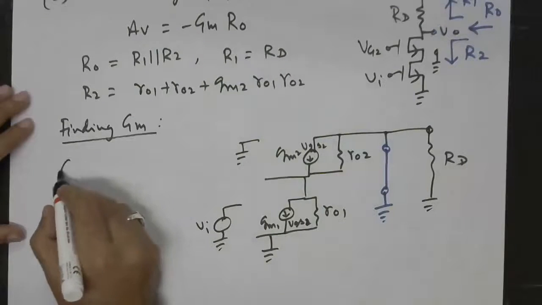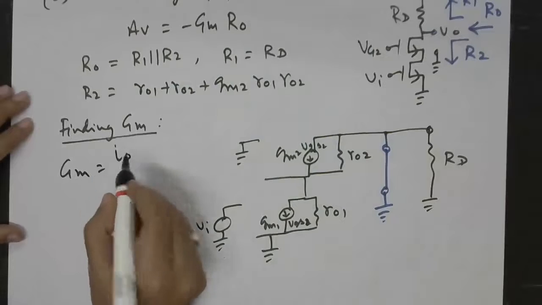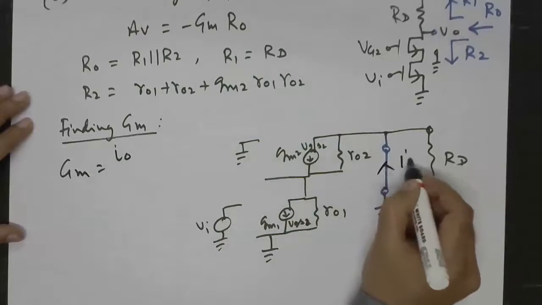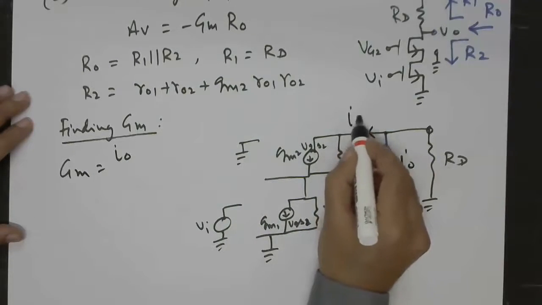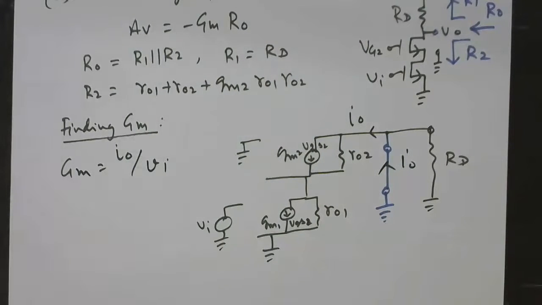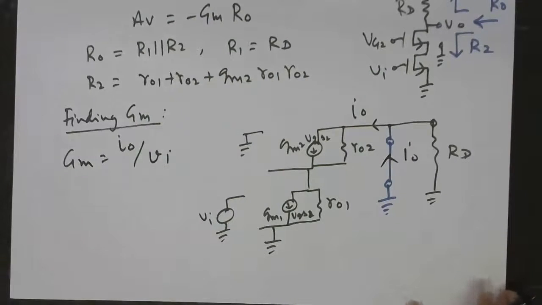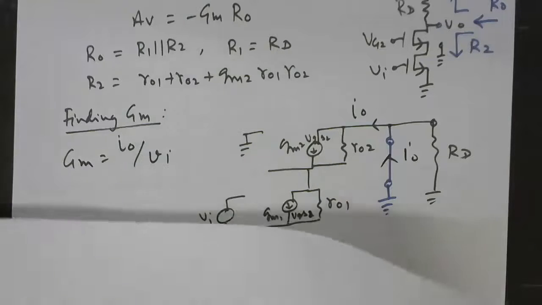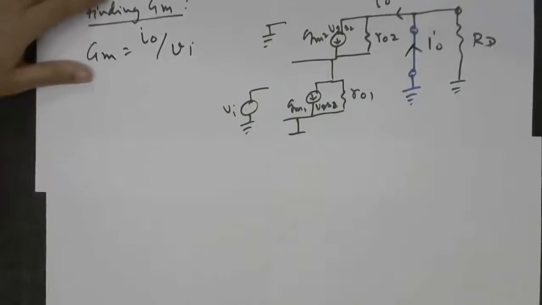By definition, GM is going to be IO, the short circuit current that will flow, divided by the input voltage. This is the definition of GM we have seen. So we can quickly estimate what GM will be.